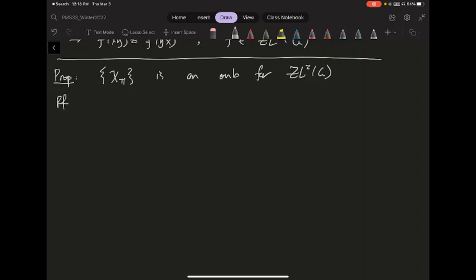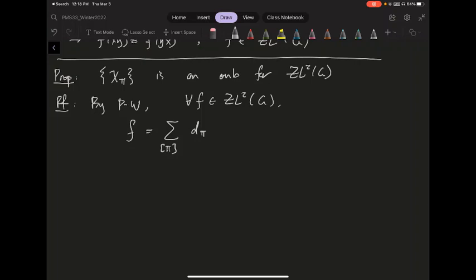To prove that, let's consider the following. By the Peter-Weyl theorem, you know that for every f inside ZL2 of G, you can write f as a summation of a bunch of traces. We showed that formula last time.